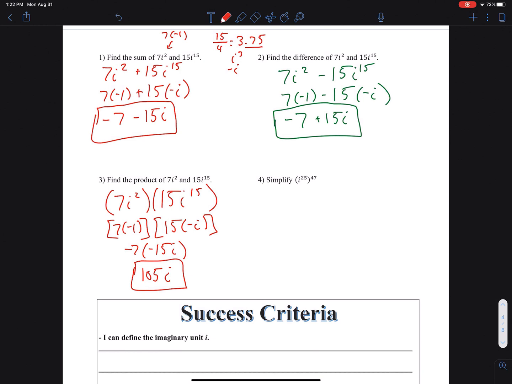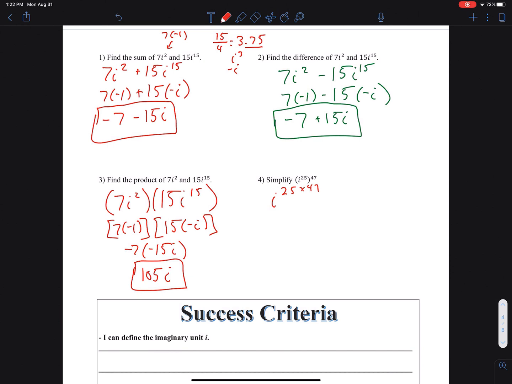And simplify i to the 25th to the 47th. Just to show you guys a different way of doing it, I'm not going to simplify the i to the 25th first, and we'll see what happens. So i to the 25th to the 47th, we want to do what when we have power to a power? We multiply the exponent, so that'd be i to the 25th times 47.